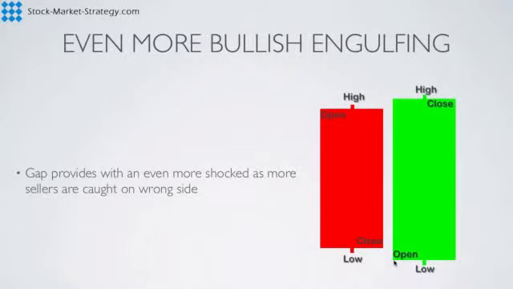But they get surprised because the stock rallies and then closes at the high. So they are both bullish engulfing, but this one is catching a bit more traders on the wrong side, especially all the ones that went short at the opening because they believed that this was it. They see the big sell-off bar, we gap down, which is bearish, and people will go short even more.